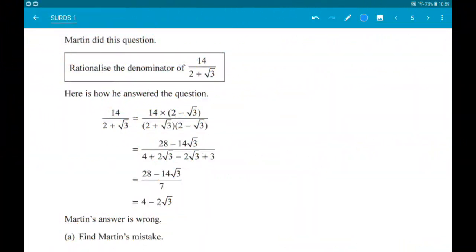Okay, next up, Martin did this question: rationalise the denominator of 14 over 2 add root 3. We have his workings out. His answer is wrong. Our job is to find his mistake.